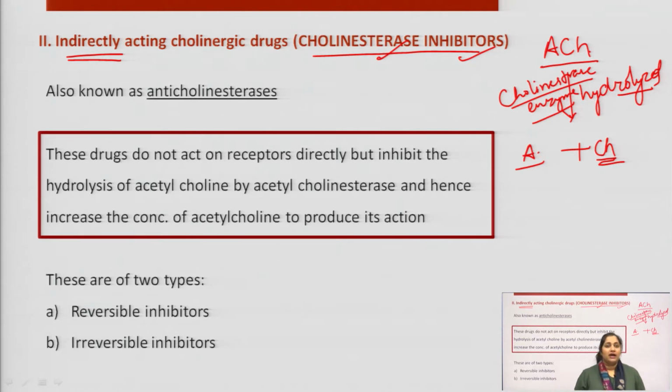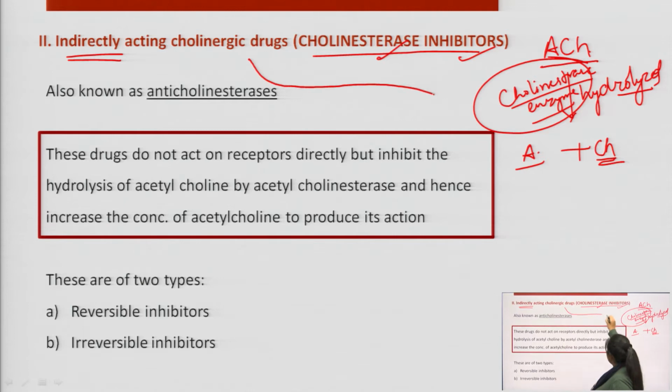So, our target in developing indirect acting cholinergic drugs is to inhibit this cholinesterase enzyme. These drugs inhibit the action of cholinesterase enzyme, hence it will not be able to hydrolyze acetylcholine, and there is an increase in the concentration of acetylcholine, and that will produce its action.